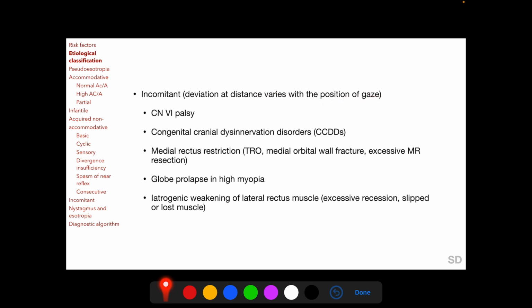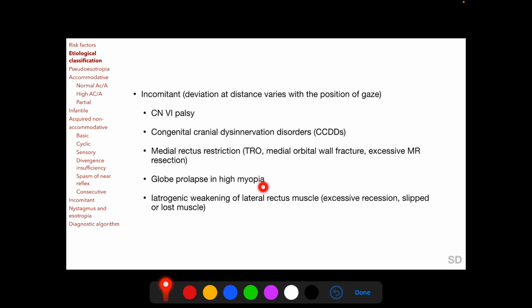Incomitant esotropia can be caused by palsy of the sixth cranial nerve, which causes weakness of the lateral rectus muscle; congenital cranial dysinnervation disorders, also known as CCDDs, such as Duane's syndrome and Mobius syndrome, which we will be discussing in the session on special motility disorders; and medial rectus restriction, which may be caused by thyroid-related ophthalmopathy, medial orbital fracture with entrapment of the medial rectus muscle, or excessive resection of the medial rectus muscle in a patient with exotropia.